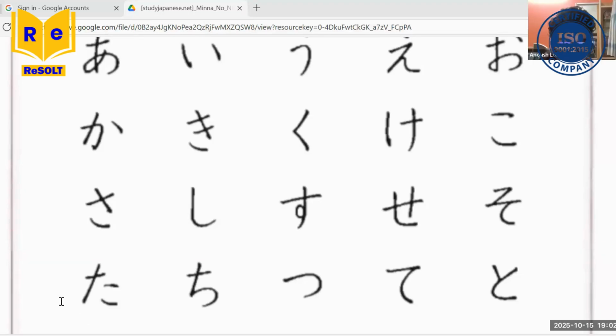Next line. Like this is Ta. Then T. No. Ta. What is this? And like Chi. Chi. C-H-I. Then that is Chu.